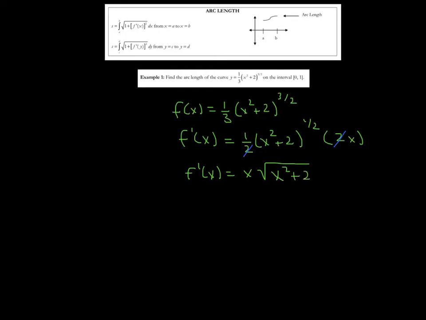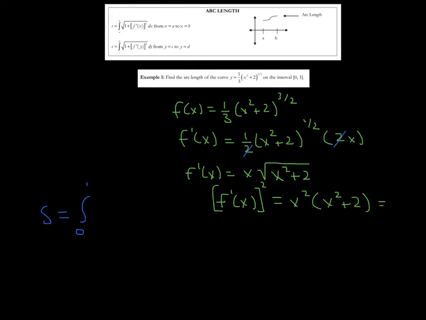All right, so now we're going to throw this into our formula for arc length. Before we do that, let's just get f prime of x quantity squared, because that's what we're going to actually plug in. So if I square this, if you square the x, you get x squared. If you square the square root, you simply get what's underneath the square root, which is x squared plus 2.